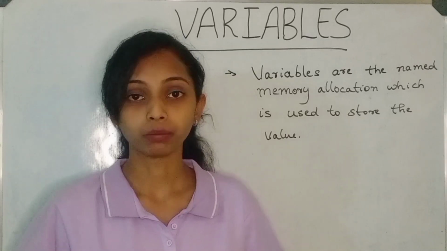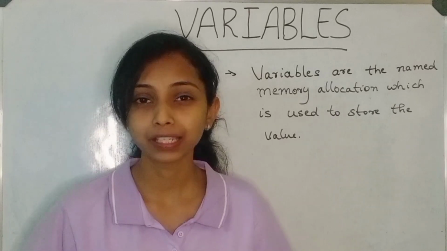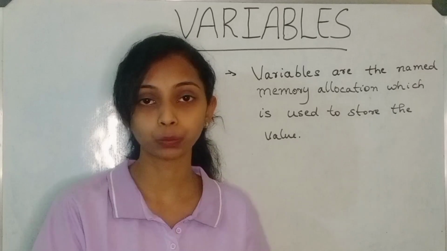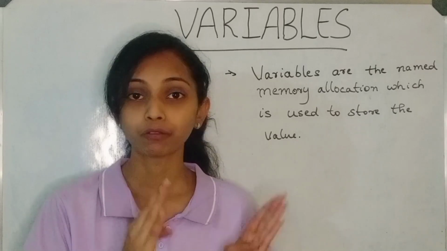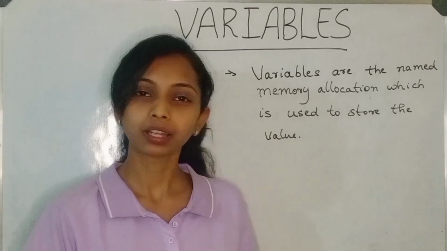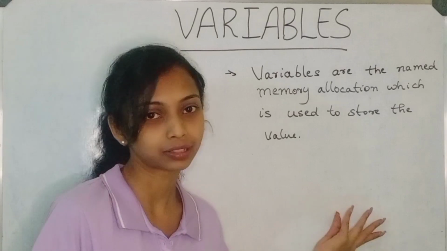If you want to perform the addition of 10 plus 20 plus 30, it will be very easy for humans to understand and give the result by telling that the sum of 10 plus 20 plus 30 is 60. We will easily tell. But what about the computer? Your computer will not understand what this 10, 20, 30 is.